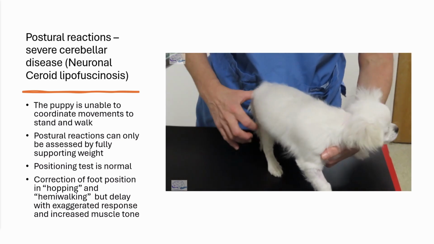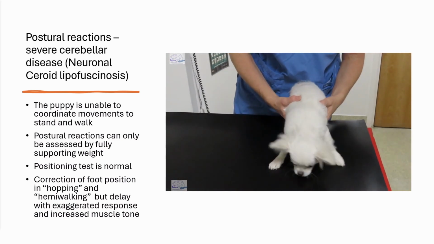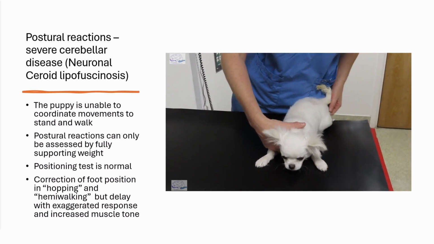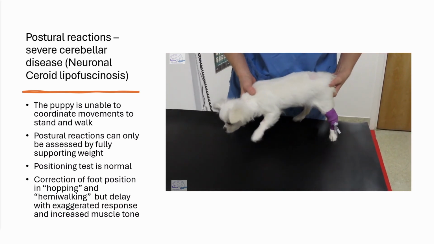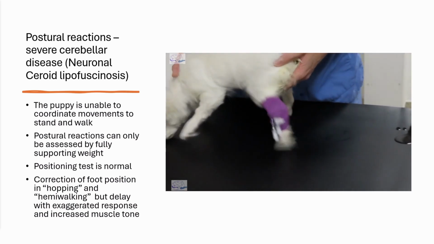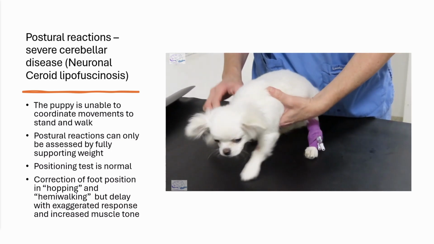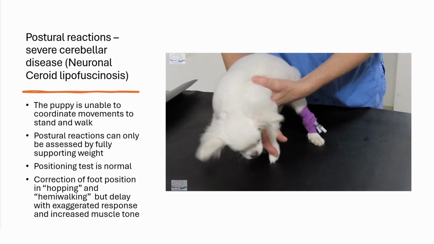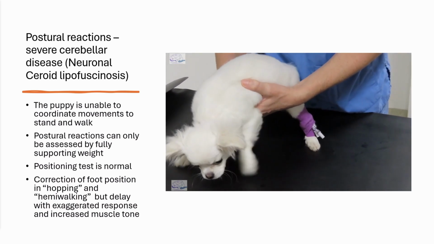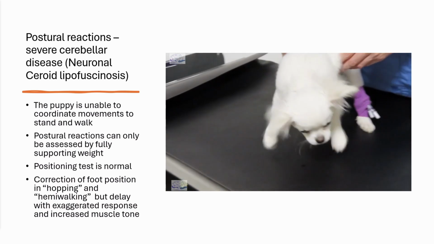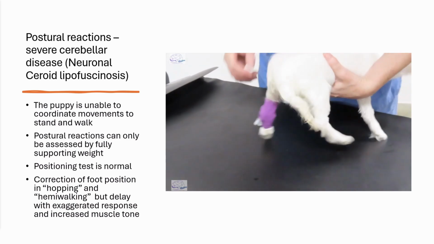Just see there how the forelimb is hypermetric and a bit spastic. But the correction of the foot position is pretty normal, and we see there's no knuckling there. So this dog doesn't have any deficits of conscious proprioception despite having severe cerebellar deficits.